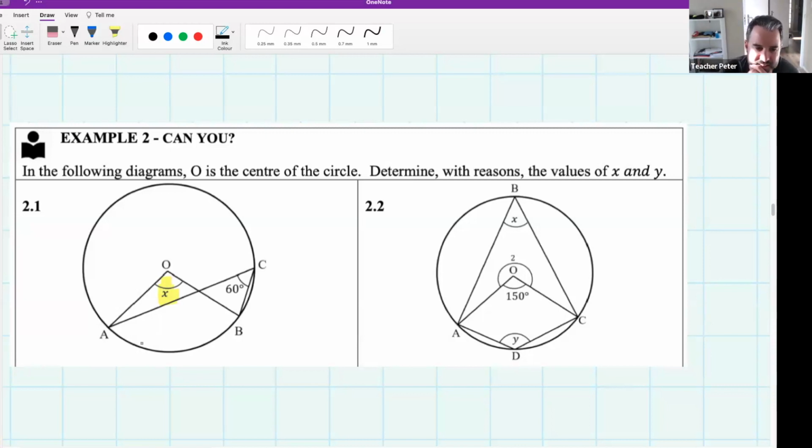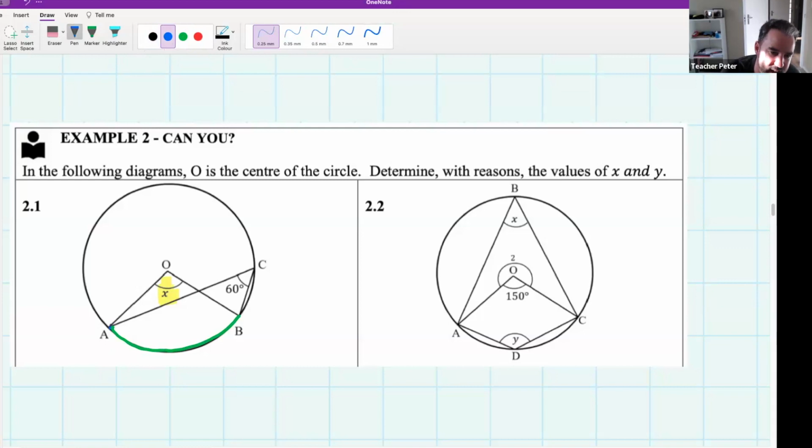Okay. This is sneaky, hey? Okay, I'll give you a hint. So imagine the chord AB is the kind of base on which this is happening. So let's start with the chord AB.